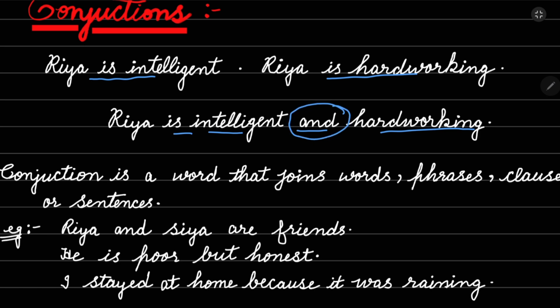So now, what is the word that joins these two ideas? That is "and". Words like and, but, or, because, etc. are called conjunctions.